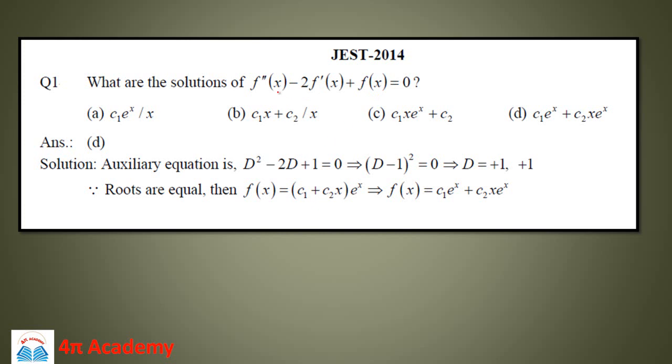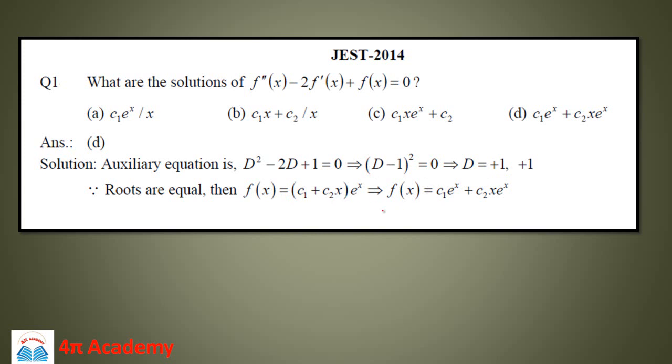So the auxiliary equation will be d square minus 2d plus 1 equal to 0. If you find the roots of this equation, it will be d minus 1 whole square equal to 0. So d is equal to 1 twice, and since the roots are real and equal, the solution will be c1 plus c2x into e raised to power x.